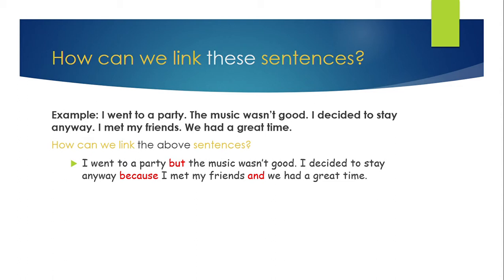I went to a party, and you have used a connector here, but, and then because, and finally have used and. So but, because, and, these are the connectors through which we have linked the sentences here.